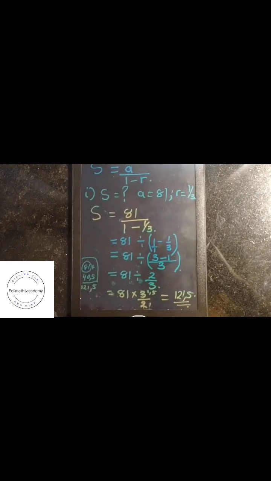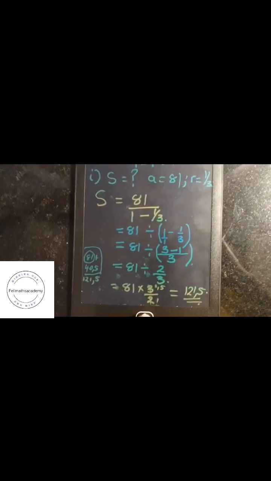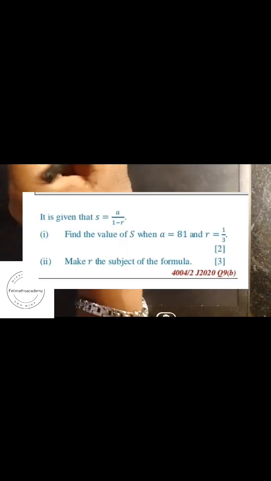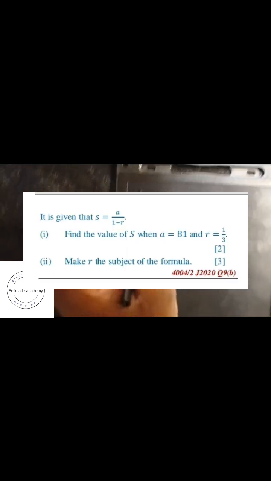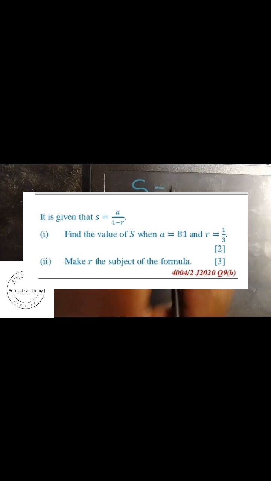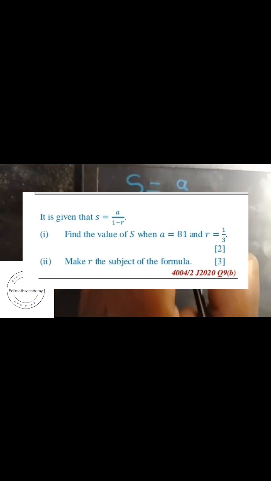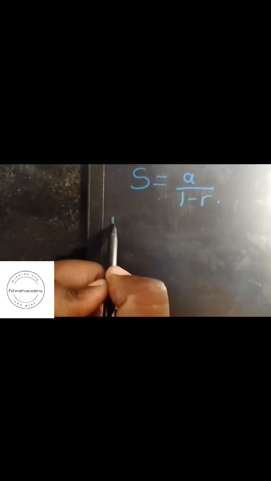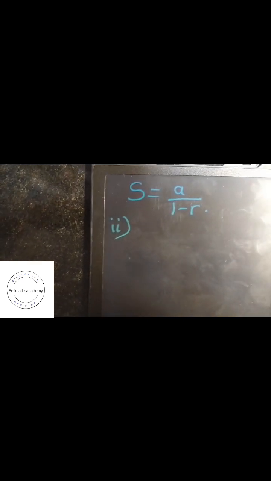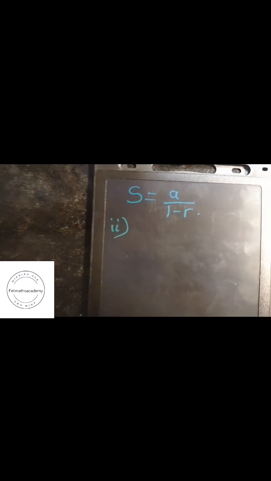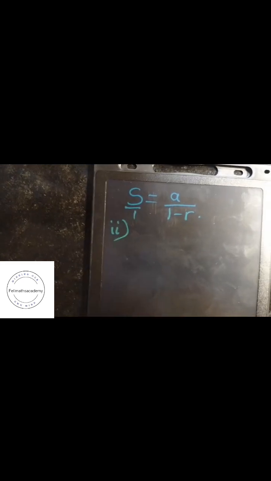So that's part 1. Then moving on to part 2. Remember, we have our formula S is equal to A over 1 minus R. So part 2 requires us to make R the subject of the formula. To do this, S is just the same as S over 1.